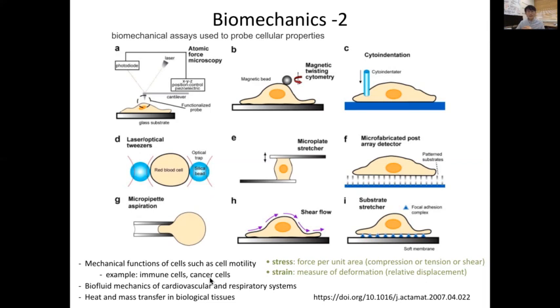Another example is a cancer cell. If cancer cells grow in one site in a primary position, it may not be that life-threatening.